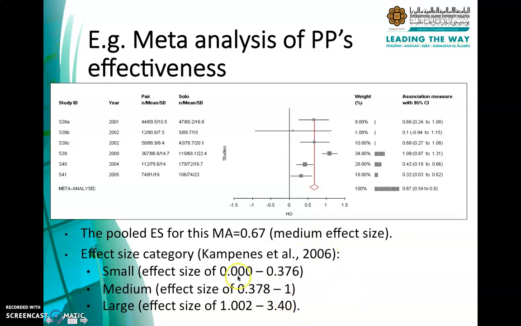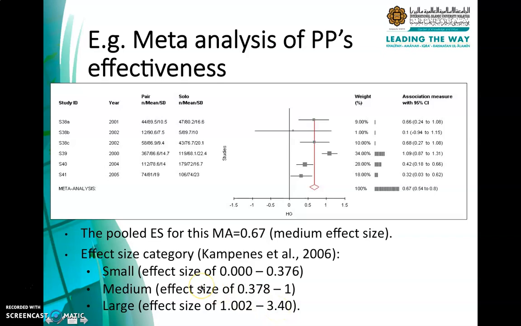How do we categorize the effect size, whether it is small, medium or large? There are a number of references we can use. For example, from Campanus, a small effect size is considered between 0.0 and 0.376. Medium effect size is from 0.378 until 1. Large effect size is from 1.02 until 3.40.